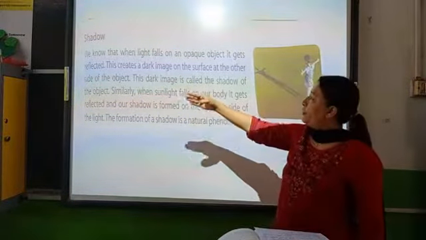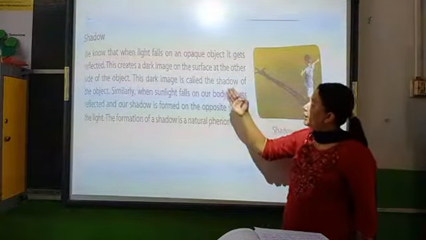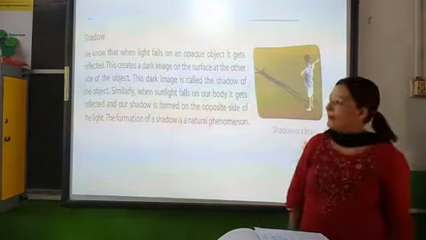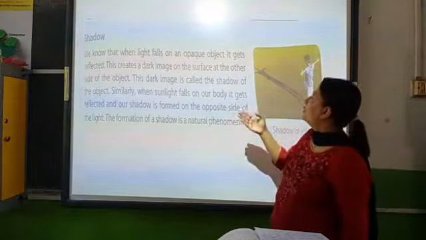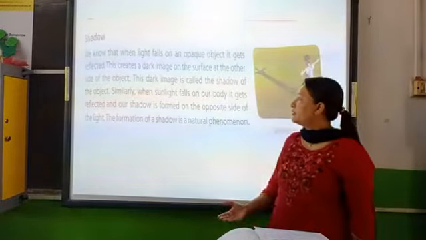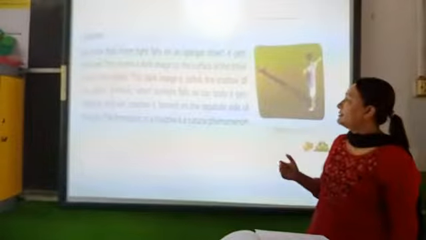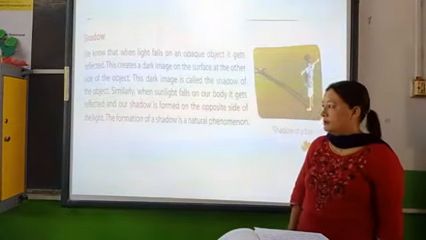So, we know that when light falls on an opaque object, it gets reflected. This creates a dark image on the surface at the other side of the object. This dark image is called the shadow of the object.